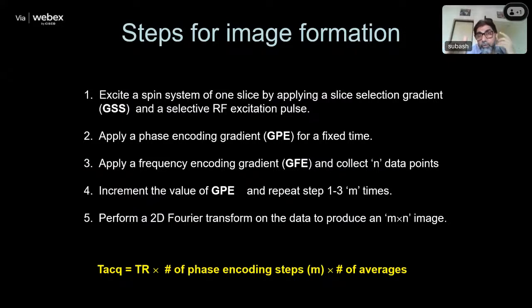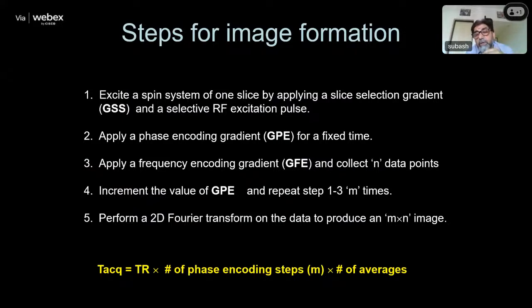So if your matrix is 256 by 256, then your acquisition time will be TR multiplied by 256. That means the measurement time is directly proportional to the TR and the number of phase encoding steps. The more phase encoding steps, the larger the imaging time. The fewer the phase encoding steps, the less the imaging time. Same way with the TR also.